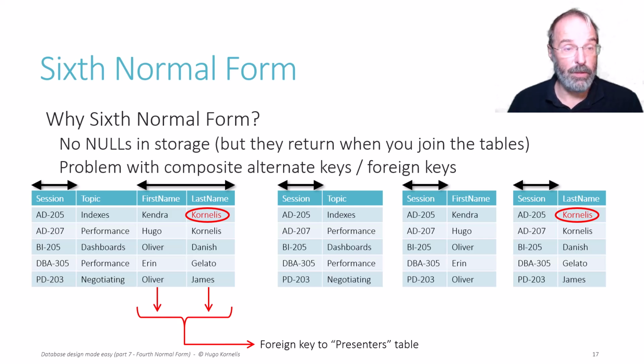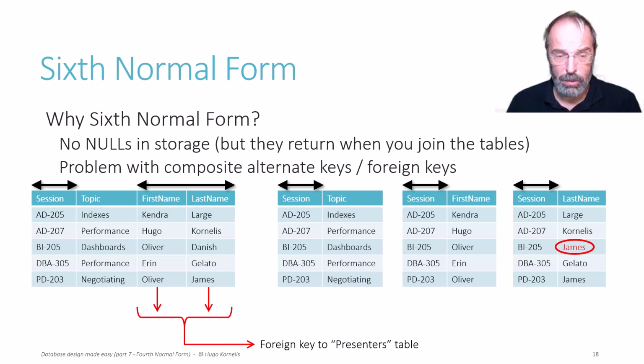The fifth normal form design makes the database prevent this update. In the sixth normal form design, it would be allowed. And similarly, I could update session BI205 to be presented by someone with the last name James.